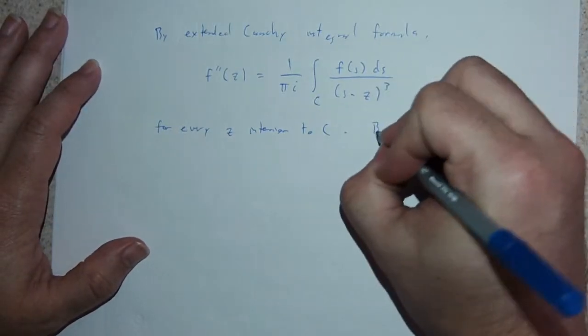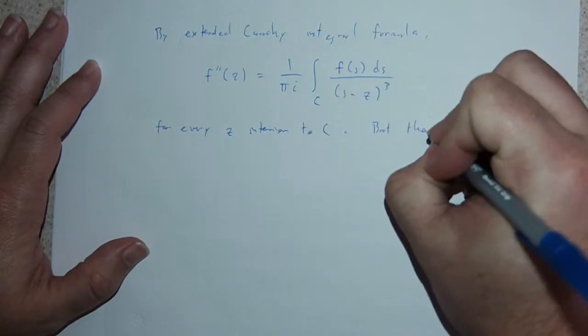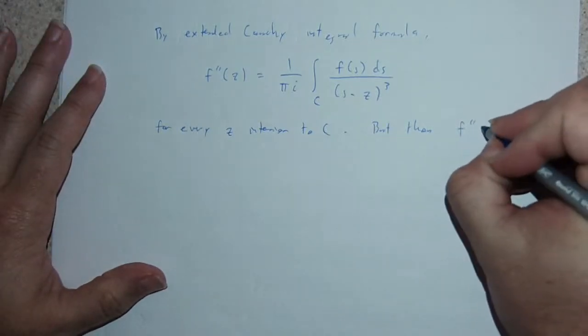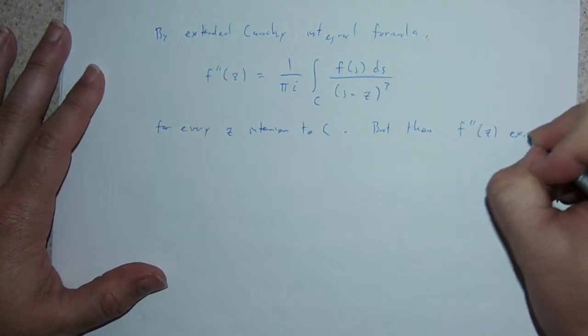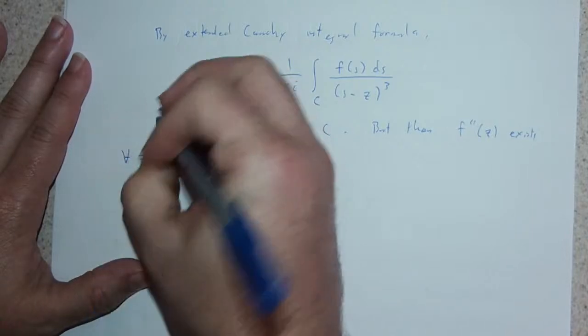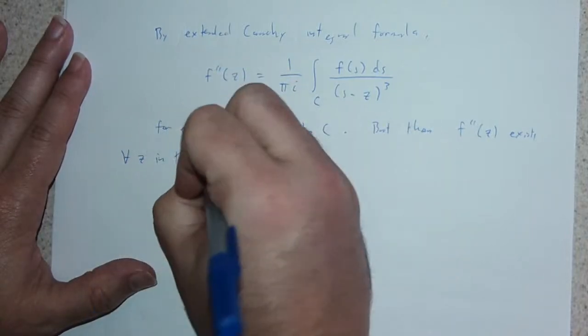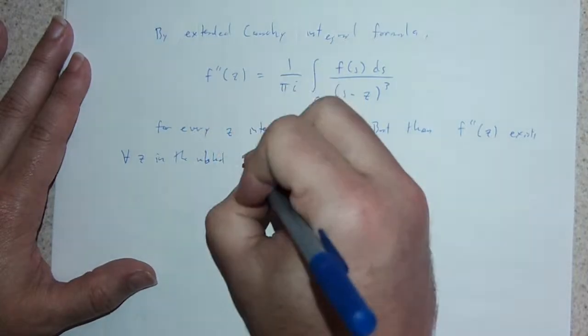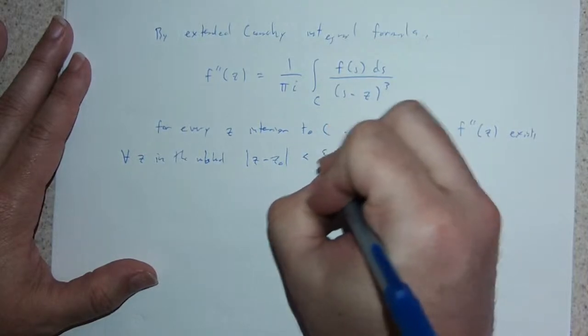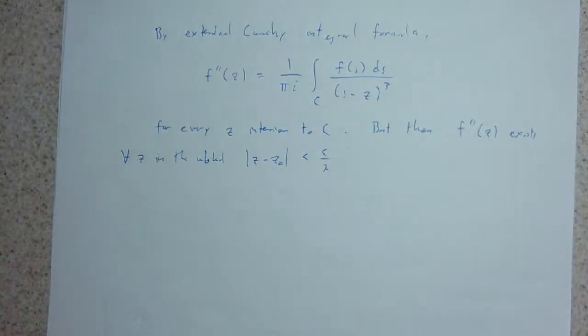But then what have we shown? Well, what that means is that f double prime of z exists for all z in the neighborhood given by the interior of C, which is exactly the set of all z such that the modulus of z minus z naught is strictly less than epsilon over 2.